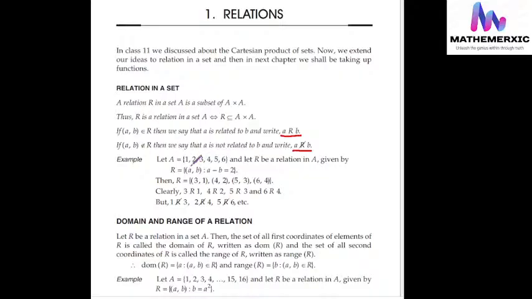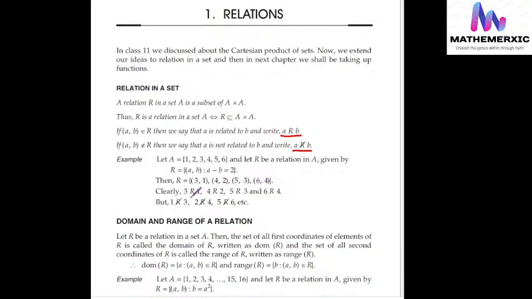Let A be equal to {1, 2, 3, 4, 5, 6}, and R be a relation in A given by R = {(a, b) such that a minus b is equal to 2}. Because a minus b is equal to 2, we can fit values here: (4, 2) is possible, (3, 1) is possible, (5, 3) is possible, (6, 4) is possible.